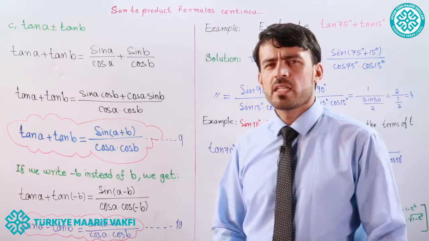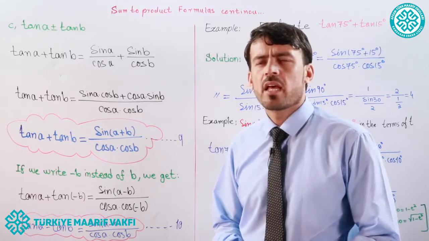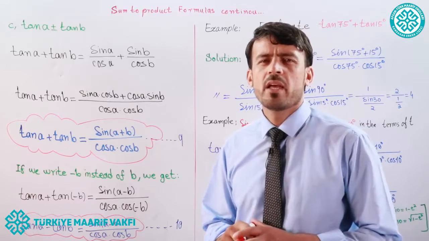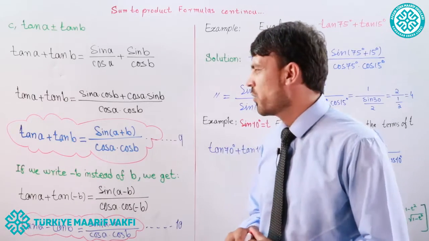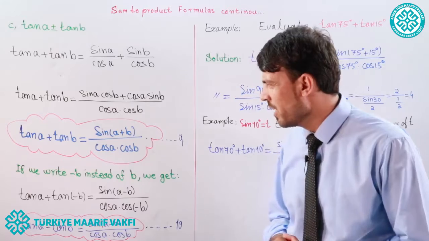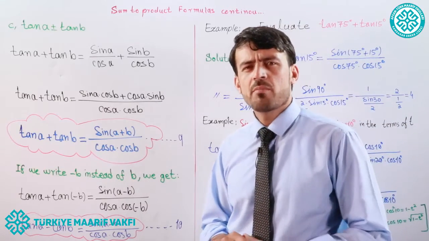It means that if we have two angles for the tangent function, and we add these two ratios, we can add from this formula. But this was for the sum to product form.